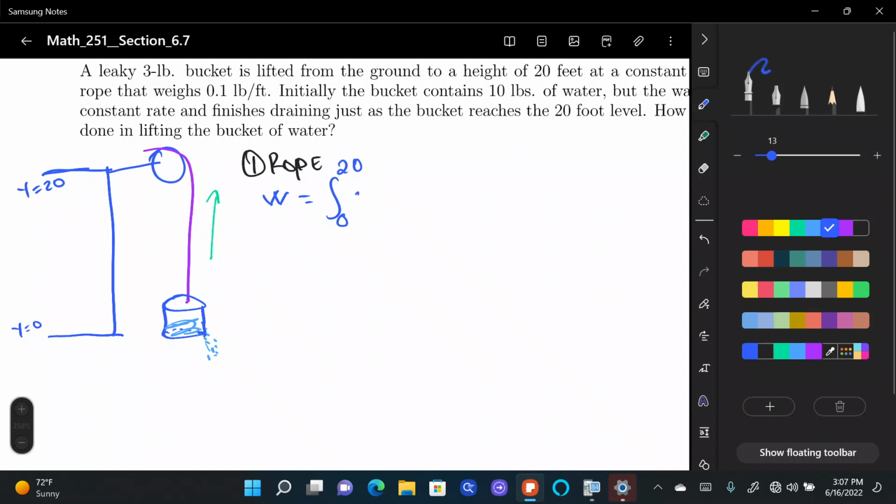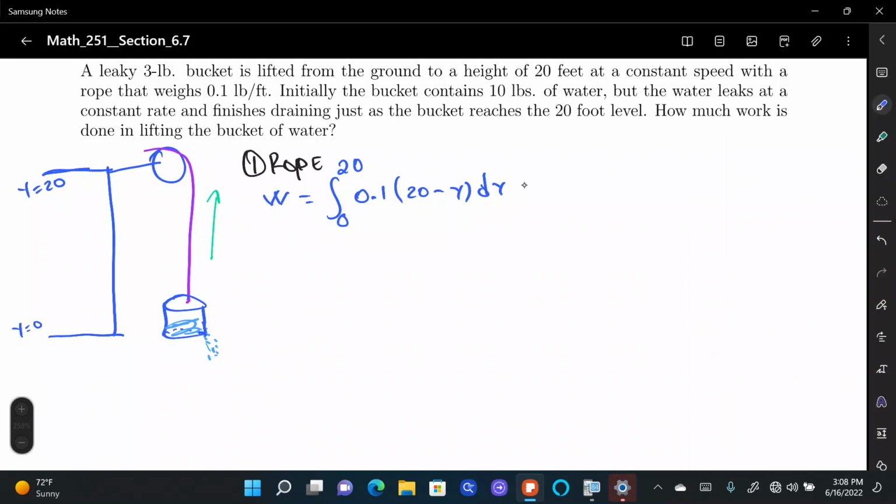The density of the rope is 0.1, times 20 minus whatever height, whatever the height is for the rope with the bucket. And just use FNINT for this one. You should get 20 foot-pounds. So that's part 1 of the problem.